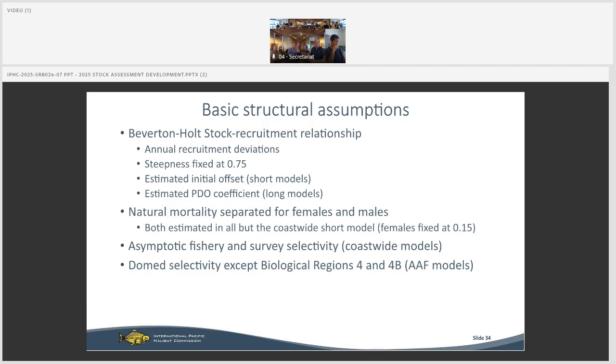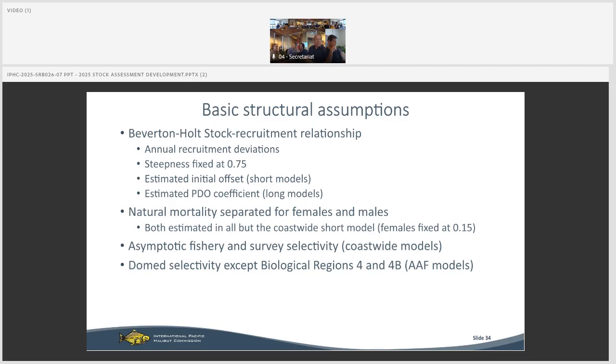I think Mark Maunder actually has a paper reviewing the need to estimate the numbers at age, or the folding down of the recruitments in year one of a short model, and then the degree of fish in the plus group as a separate parameter. So that's able to be done. And then we have the PDO coefficient. I have a whole slide on how the PDO coefficient works. That's only in the long models. So we don't include the PDO in the short time series models.